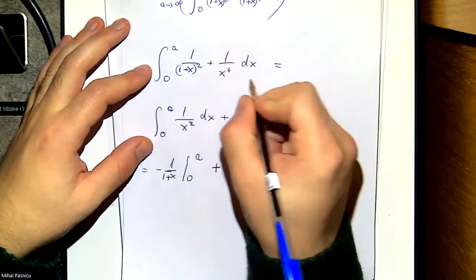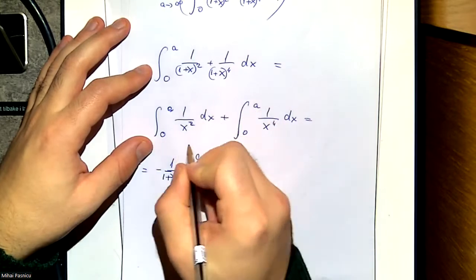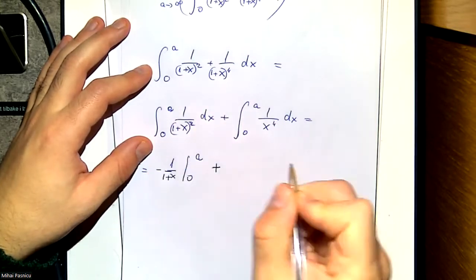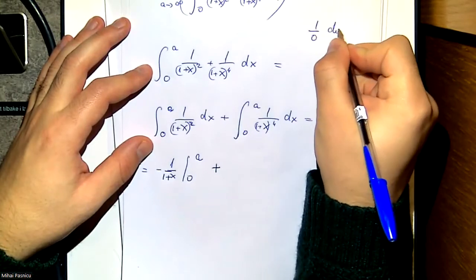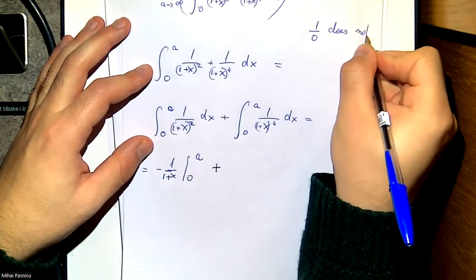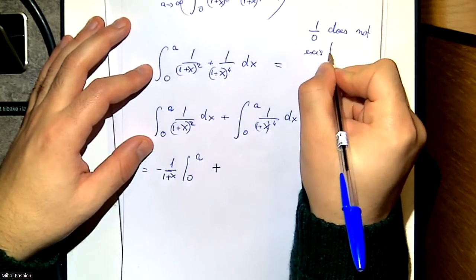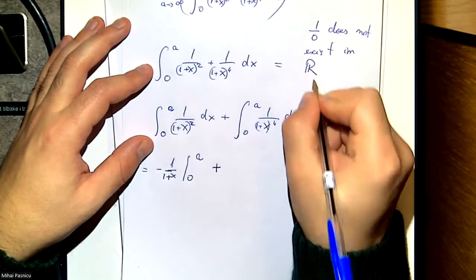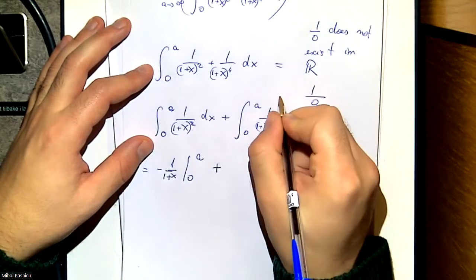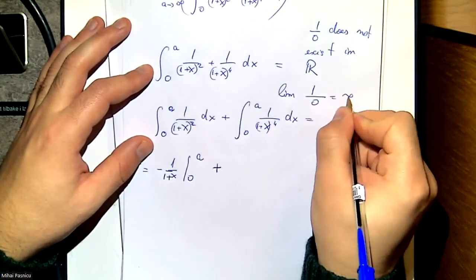I've had surprise when I was quoted on this, on limits. So again, I'll actually write it out. So 1 over 0 does not exist in real numbers. Limit of 1 over 0 is infinity.